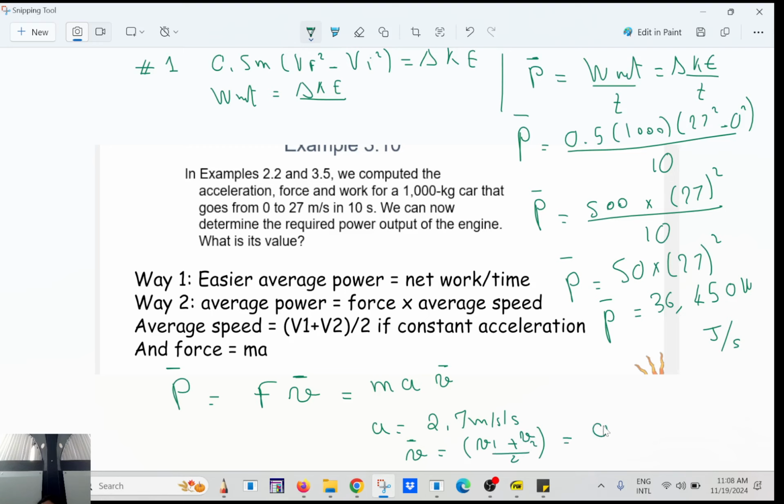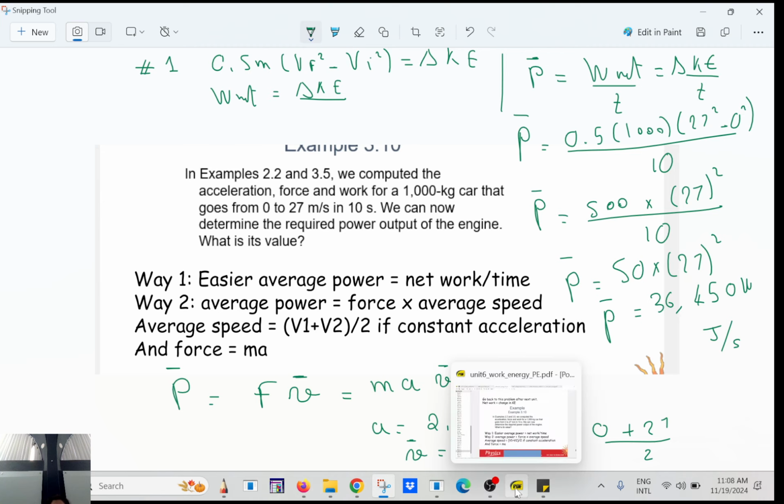So initial is 0 plus final is 27 divided by 2. And at the end, you're going to get the same answer. So that's a different way to do it if you are only using kinematics, right? Agree?